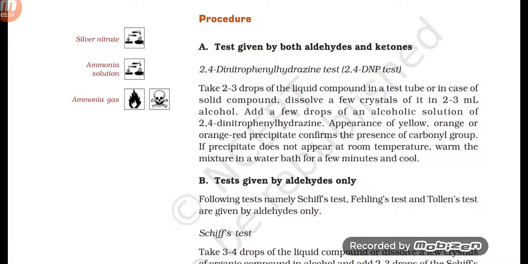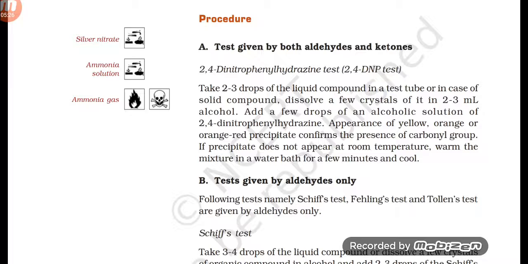Add a few drops of an alcoholic solution of 2,4-dinitrophenylhydrazine. Now, appearance of a yellow-orange or orange-red precipitate confirms the presence of a carbonyl group. If precipitate does not appear at room temperature, then warm the mixture in a water bath for a few minutes and cool it.